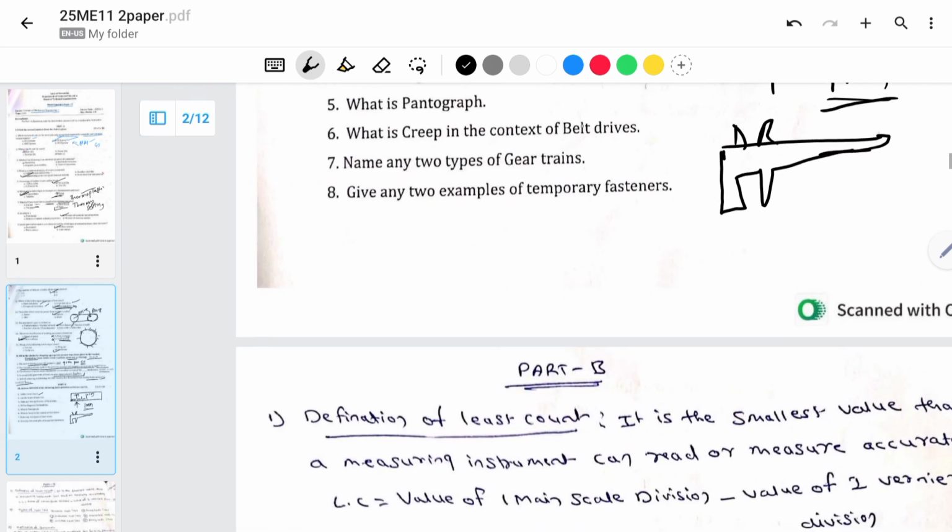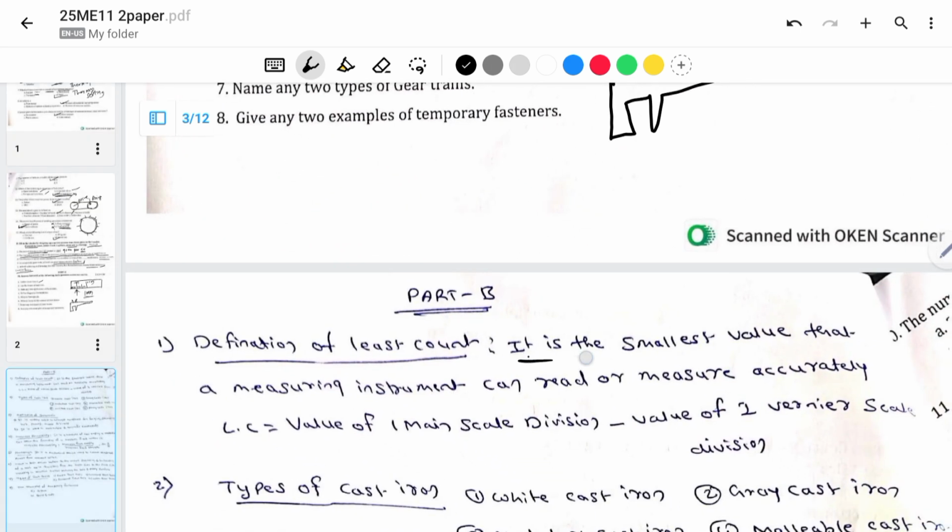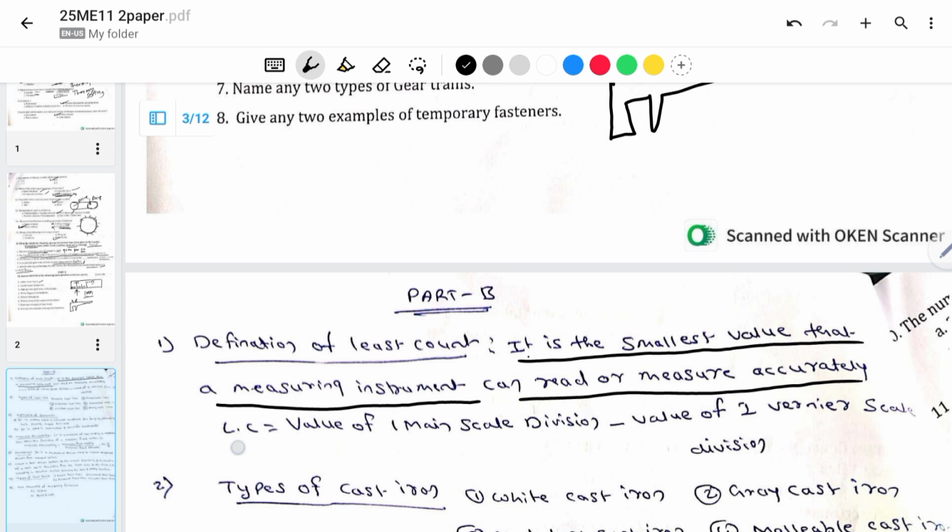Here you can see it is the smallest value that a measuring instrument can read or measure accurately. So LC of a main scale, the formula here they have given, is equal to main scale division divided by value of a vernier scale division.